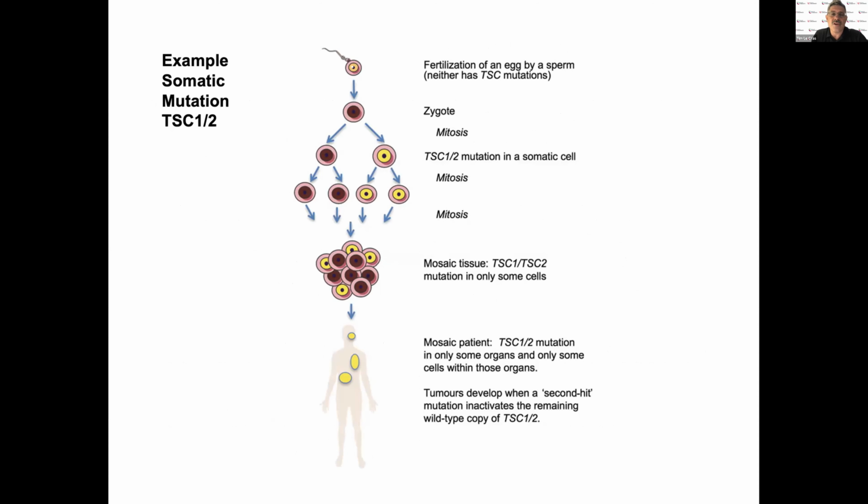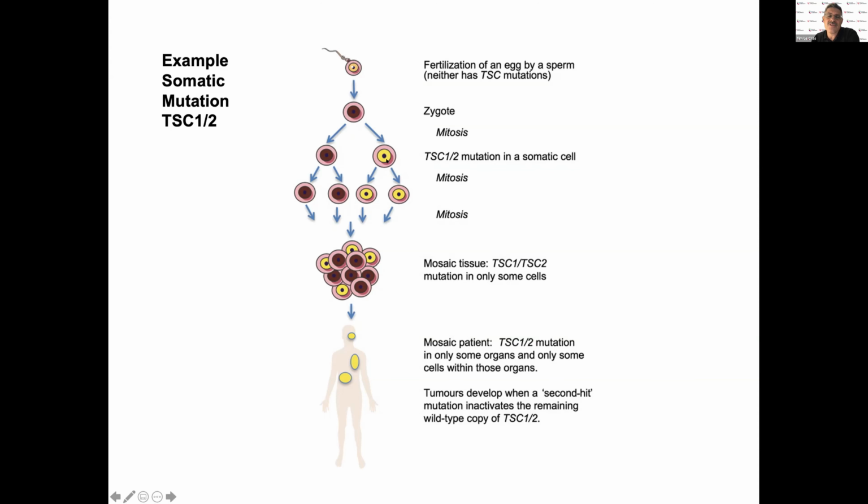Just to show you another diagram of how this works, like Mike mentioned earlier, a germline mutation would be a mutation in the DNA sequence of a gene that occurs in the sperm or the egg. But these somatic mutations, like for example here, a mutation in the TSC1 or 2 gene, occur in cells after the formation of the zygote or embryo.